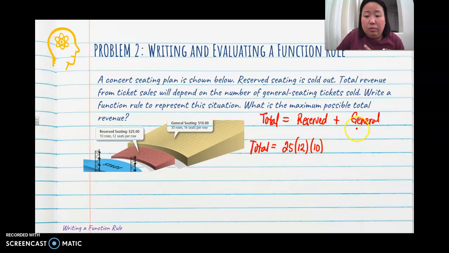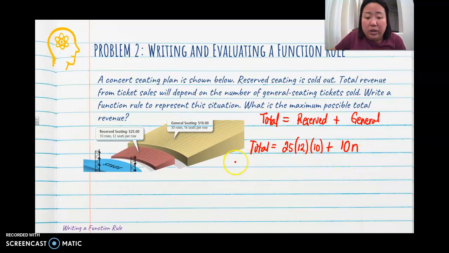Same scenario with our general seating. The cost of the general seating is $10. And we do not know how many will be purchased in this area. Since we do not know the number of tickets sold yet for the general area, it's typically going to be n, the number of seats.